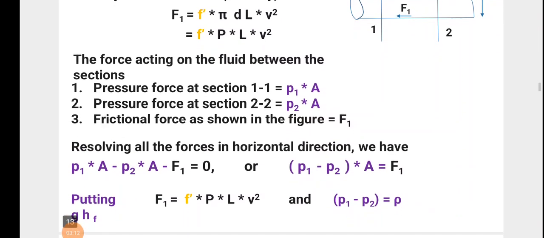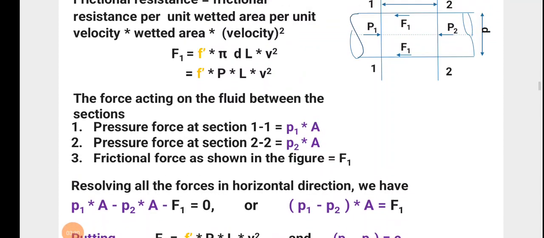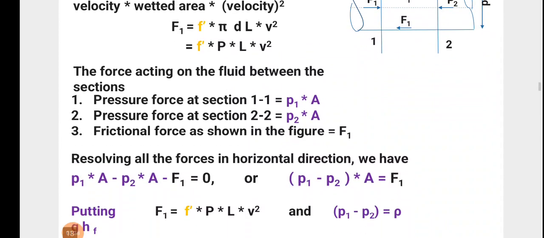Now the forces acting on the fluid between the sections are listed below: pressure force at section 1 equal to P1 into area, pressure force at section 2 equal to P2 into area, and the frictional force as shown in the figure, that is F1. Here you can see that in the figure 3 forces P1, P2 and F1 are denoted.